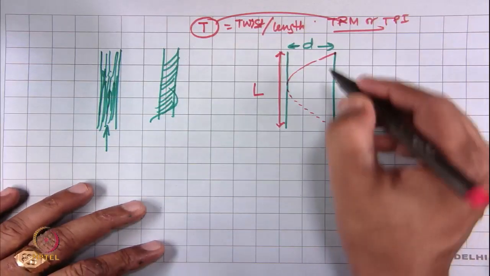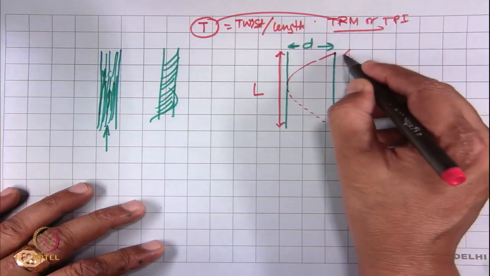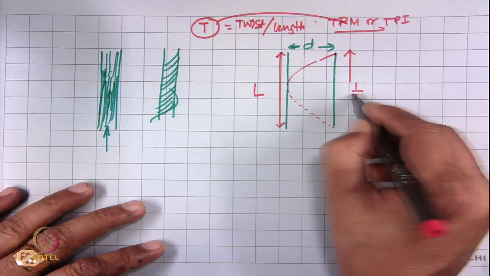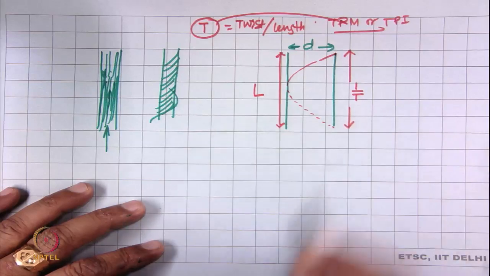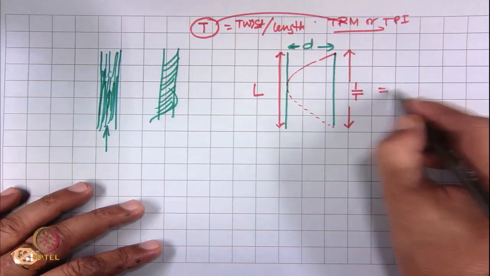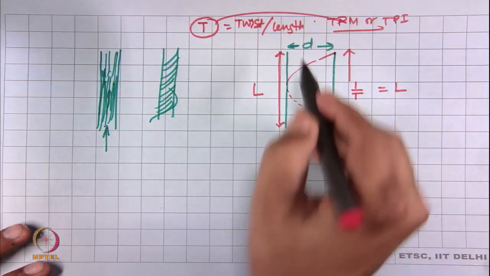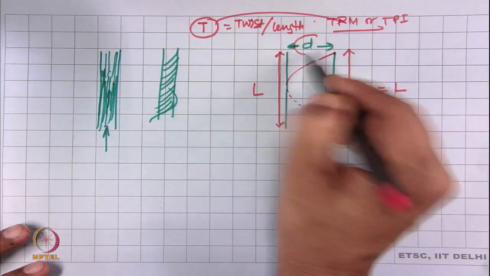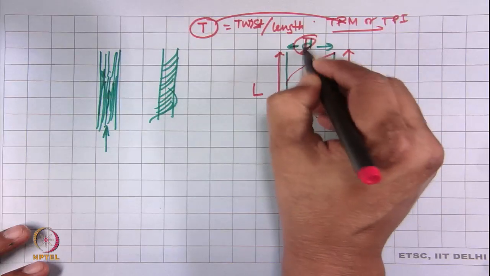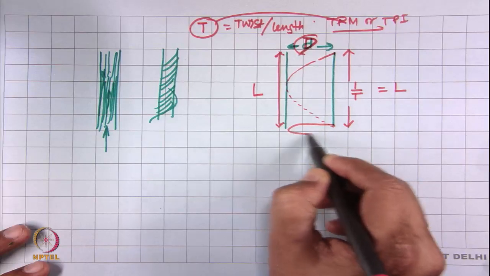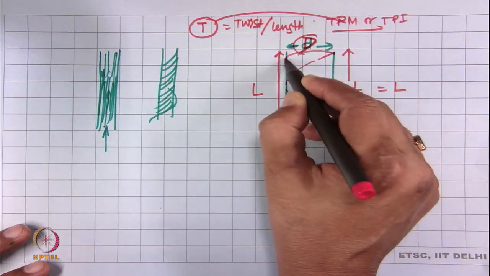Now, that means, for one twist this length will be 1 by T, that is nothing but L. Okay. Now, let us take the diameter as capital D, and the yarn is circular in cross section.